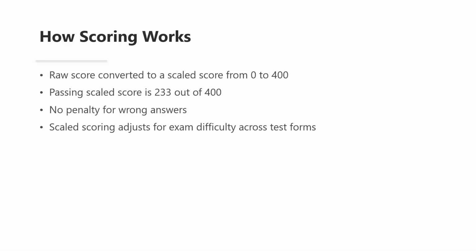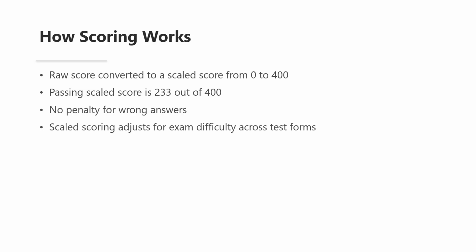The passing scaled score is 233. Now you might be wondering, why not just use the raw score? Great question. The scaled conversion is important because not all exam forms are identical in difficulty. NCHEC uses multiple test forms, meaning different candidates may receive slightly different sets of questions.